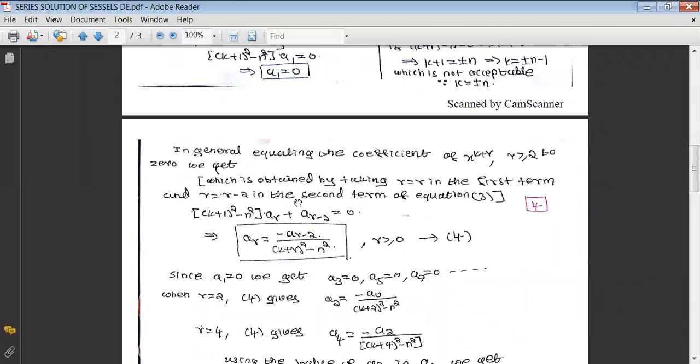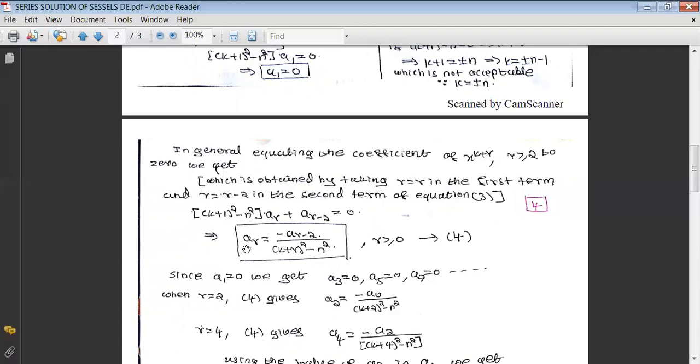Once we go like that, we get (k plus r) whole square minus n square into ar plus a(r minus 2) equals 0, and it should be not 1, it should be r.